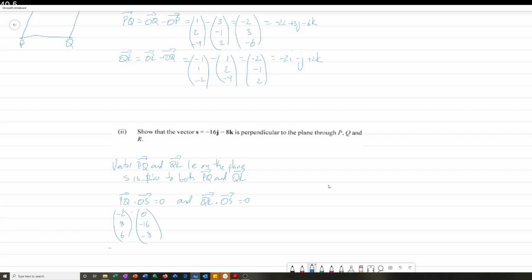So when you dot this, you get these first two terms here, you get 0, plus 3 by minus 16, plus 6 by minus 8, and this will give you 0.